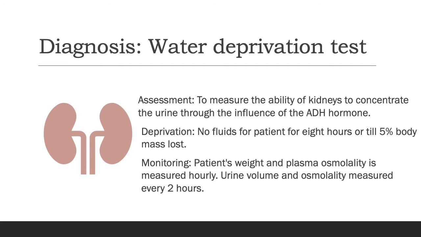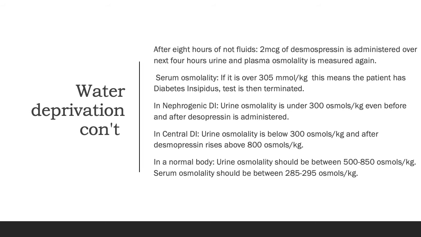How they do this is for 8 hours or until 5% of the body mass is lost, the patient is not allowed to have any fluids. Through these 8 hours, they monitor the patient's weight and the plasma osmolality hourly, and urine volume and osmolality is also measured every 2 hours.